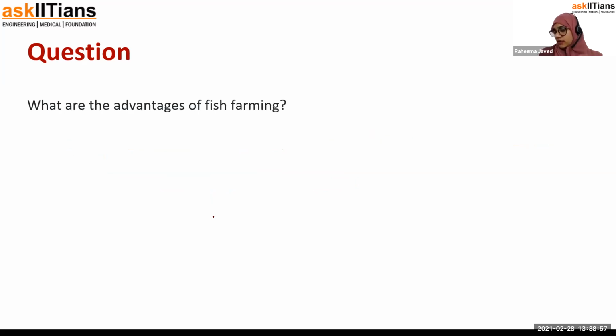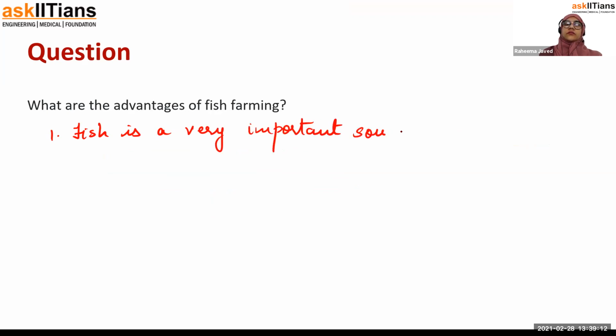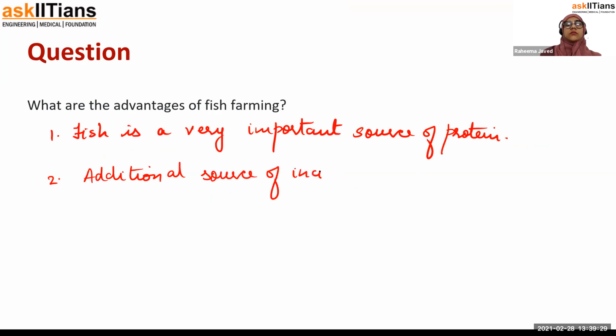So next question is about the advantages of fish farming. Okay, so fish is a very important source of protein. Then fish farming can also help as an additional source of income for the farmers.